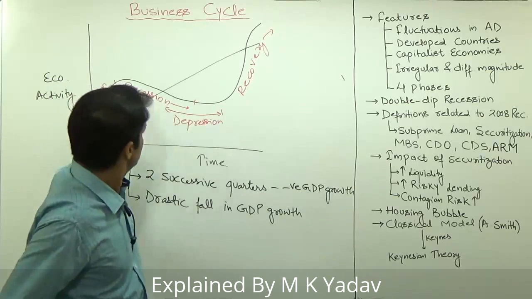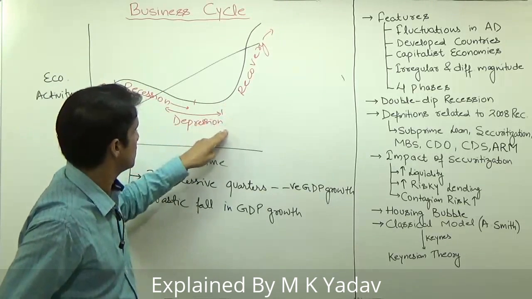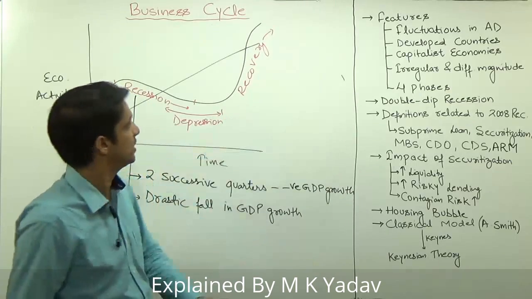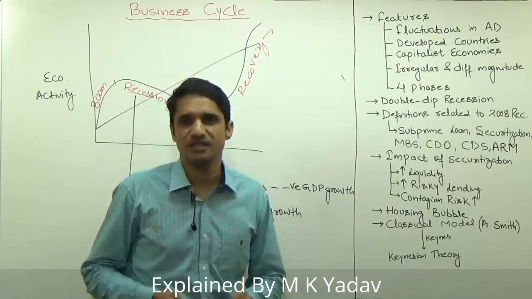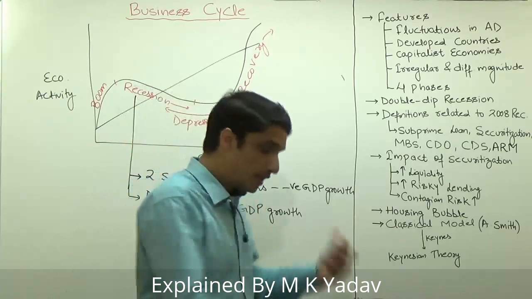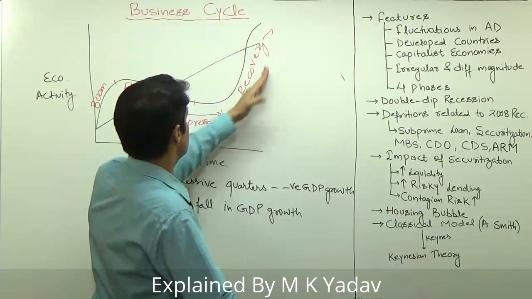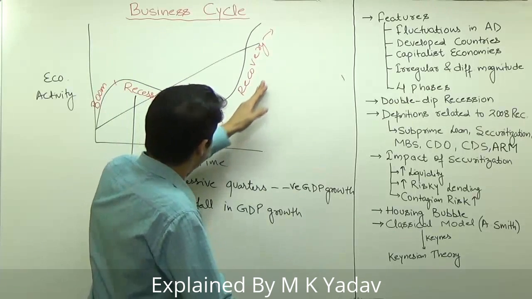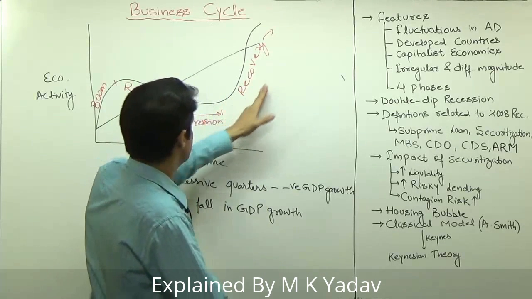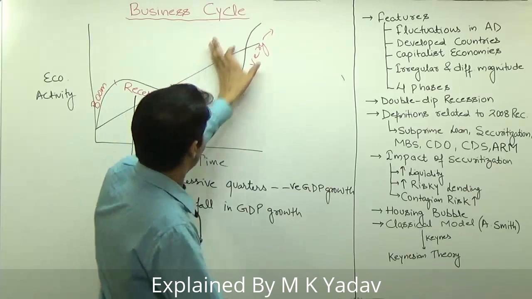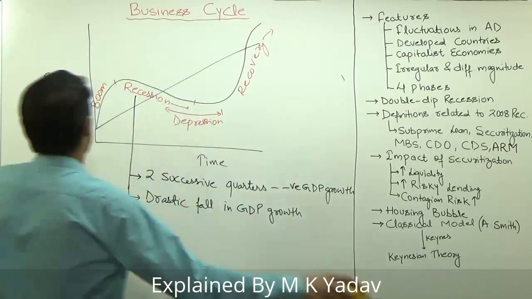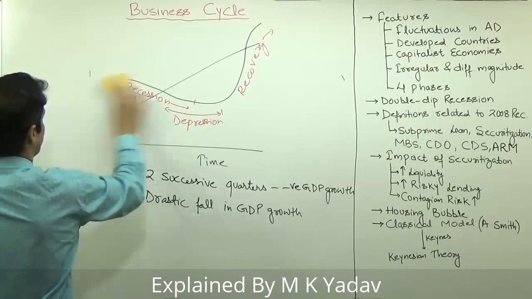Then we have the fourth phase, the recovery phase. Recovery means when again the aggregate demand is increasing, the unemployment is decreasing, the national income is increasing. This is known as the recovery phase, and this is the final phase of the business cycle.